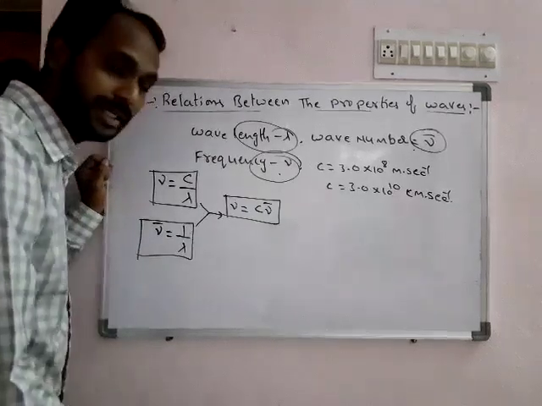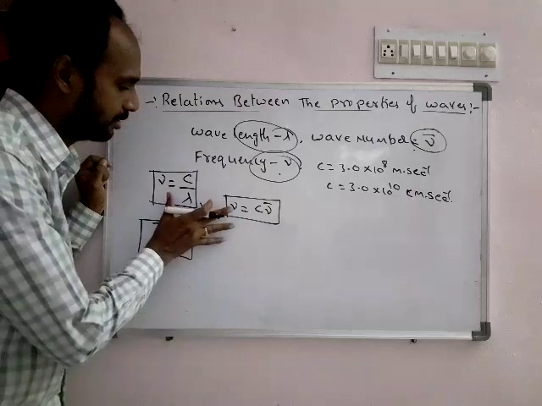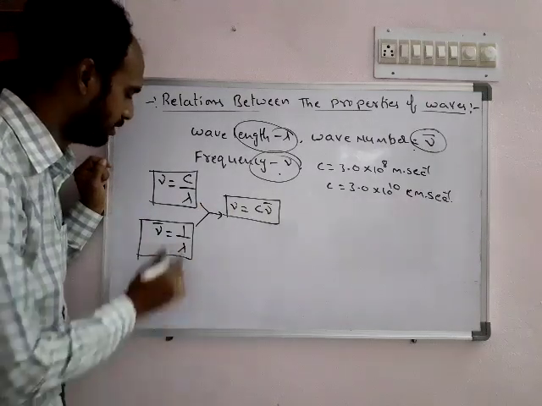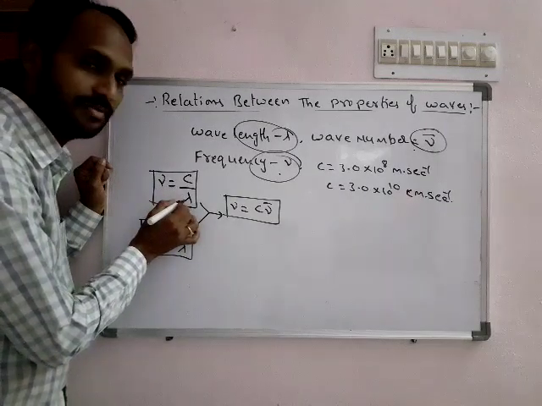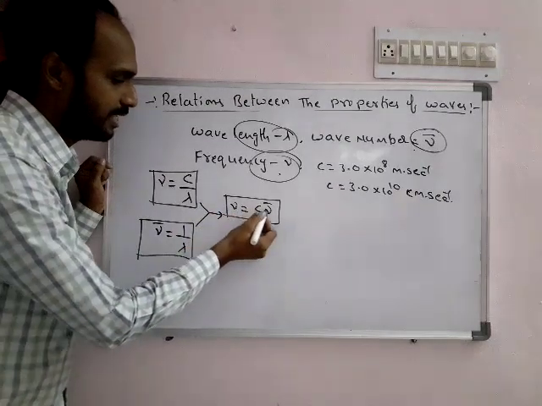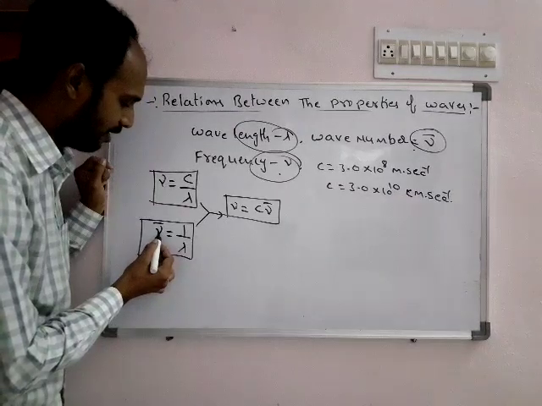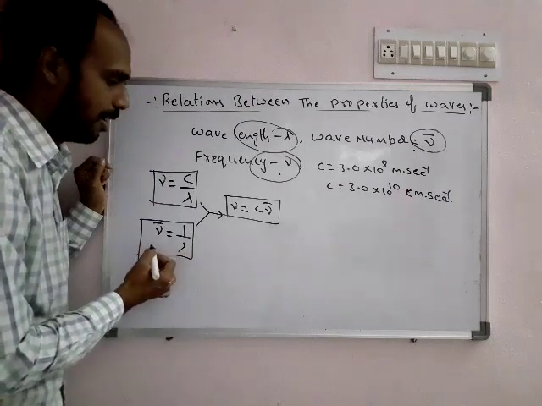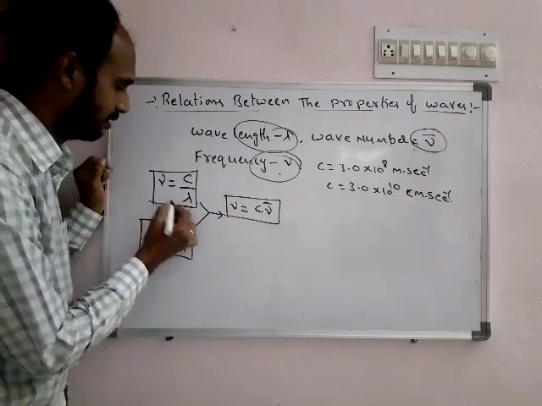Now we can compare their relation. Comparing relation means the frequency is inversely proportional to its wavelength, whereas frequency is directly proportional to its wave number, and the wave number is inversely proportional to its wavelength.